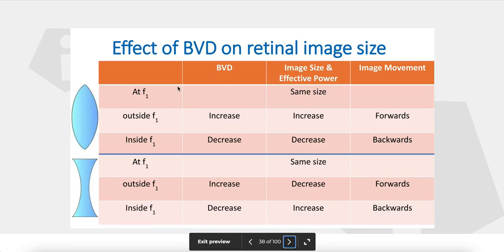Because we mentioned, according to Knapp's rule, if the patient is wearing a spectacle at the F1, then the image size produced by the lens will be the same as the emmetropic image size. However, this doesn't always occur, meaning that sometimes we are moving the lens away from the F1, or away from the eye, or more toward the eye.